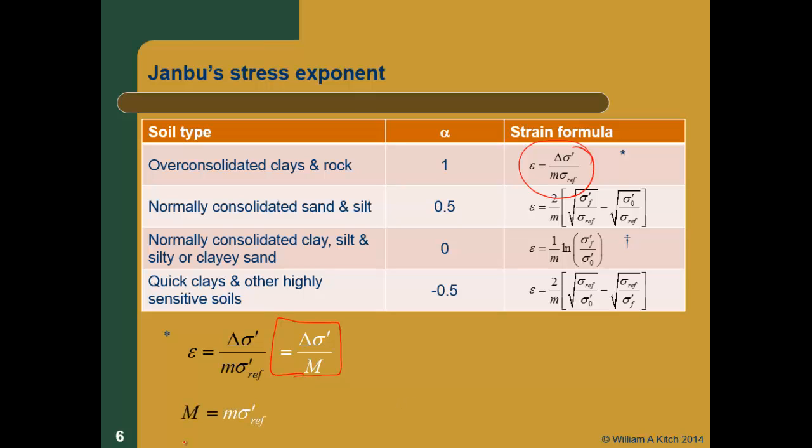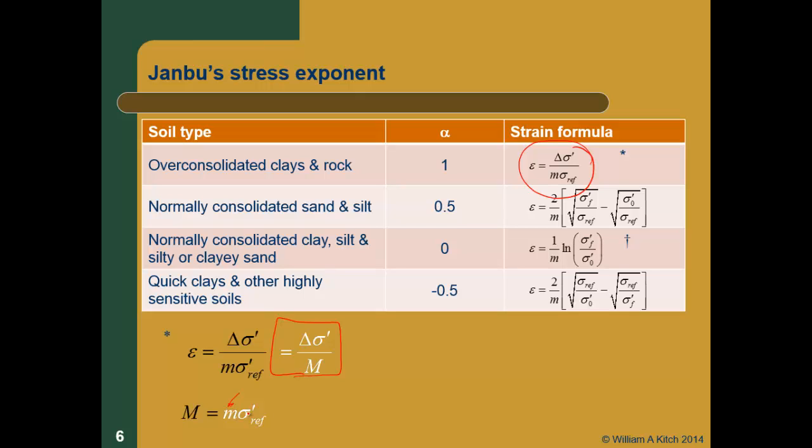So in that case, the relationship between the modulus number, don't get this confused with M sub V, by the way, and the modulus is just that the modulus is the modulus number times the reference stress, 1 atmosphere. And we have a linear elastic material, right?